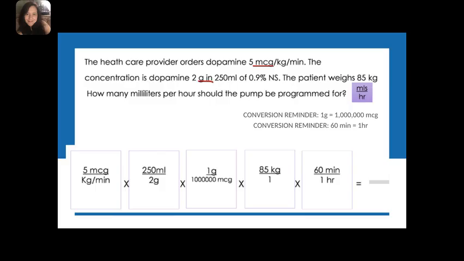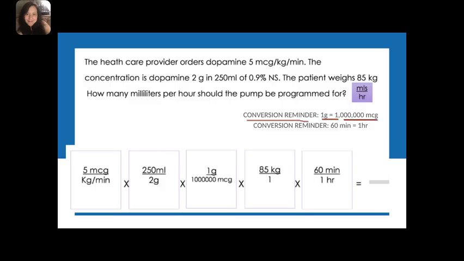So I'm putting the mils in the numerator to solve for my factor label. I'm going to put the 2 grams here. Of course, we have a relationship, but I understand the principle of conversions, and I know that both of those were important, so I can cancel them out with a conversion. We remember our conversion: 1 gram equals 1 million micrograms.